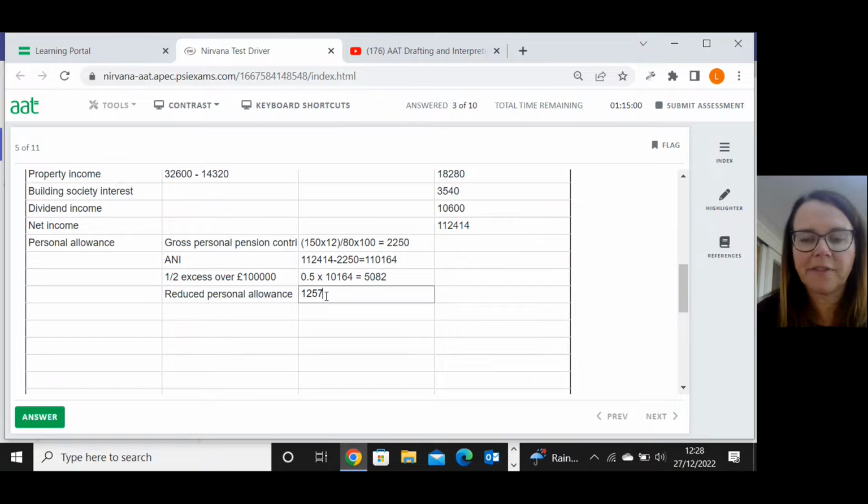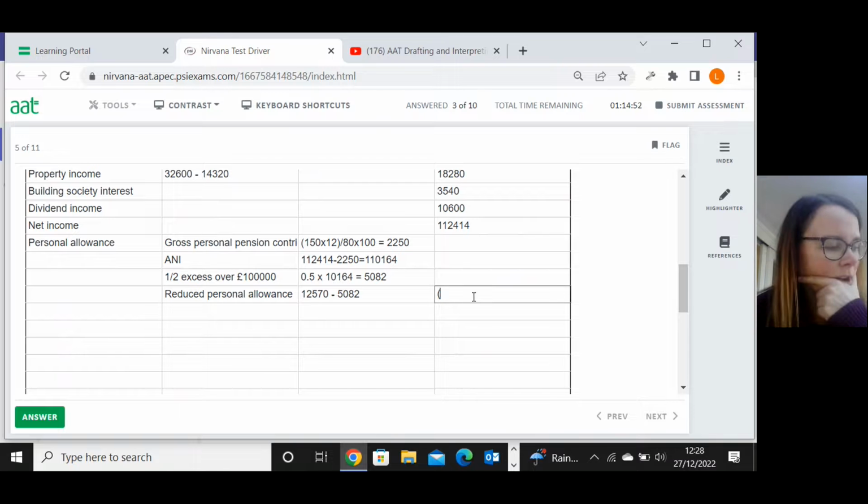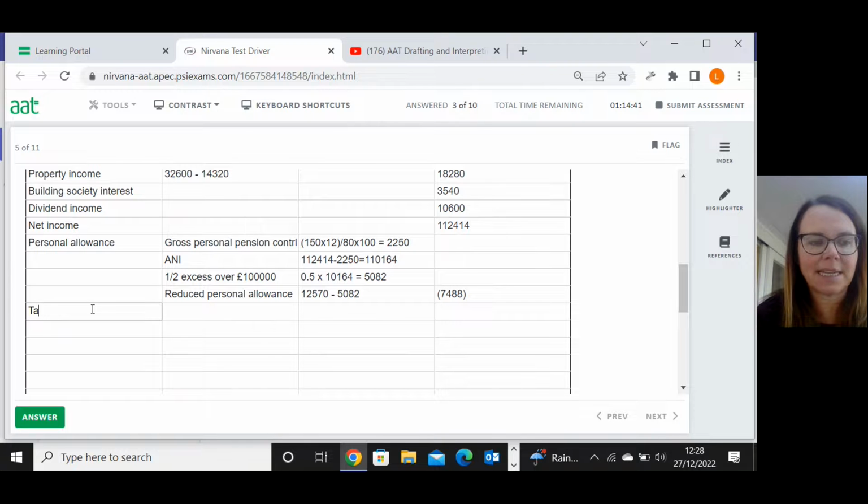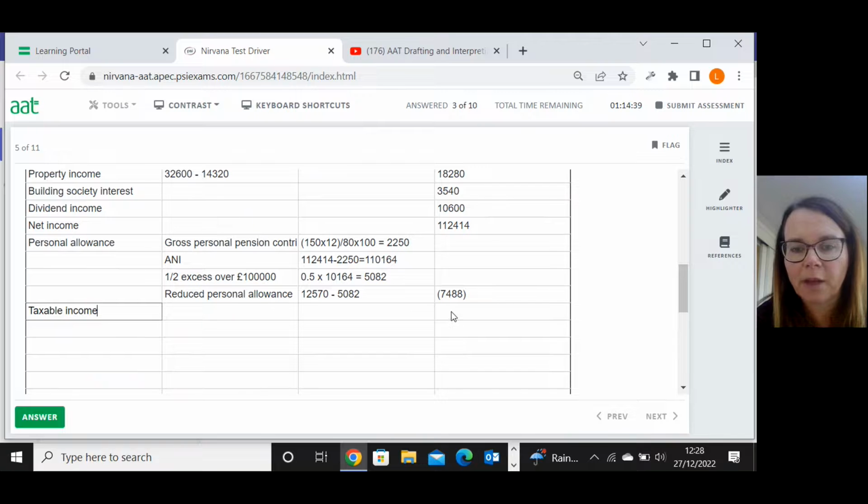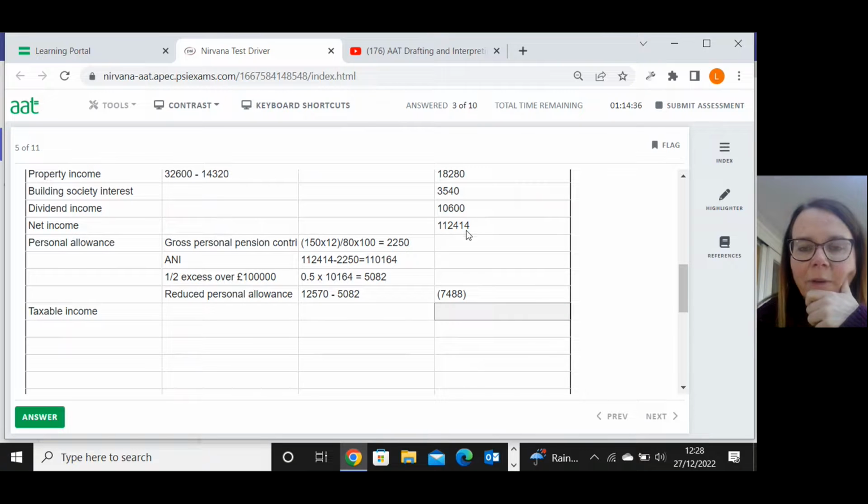So 12,570 minus that 5,082 gives us a reduced personal allowance of 7,488, to be subtracted from the net income to give us our taxable income figure. So I'm doing 112,414 minus 7,488, which is 104,926.